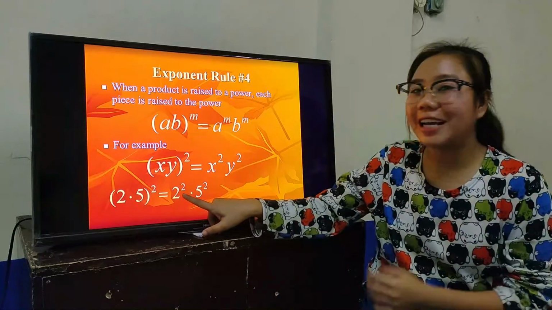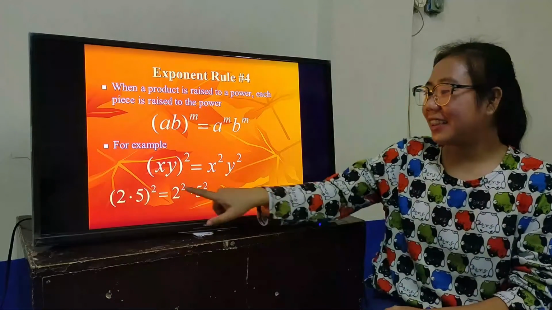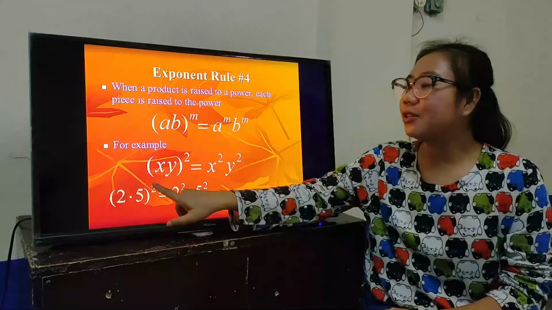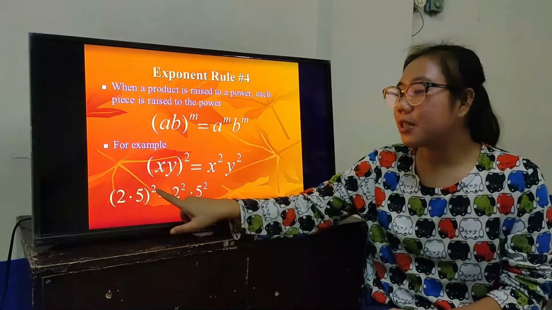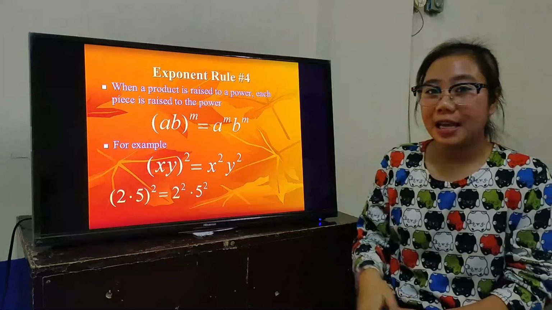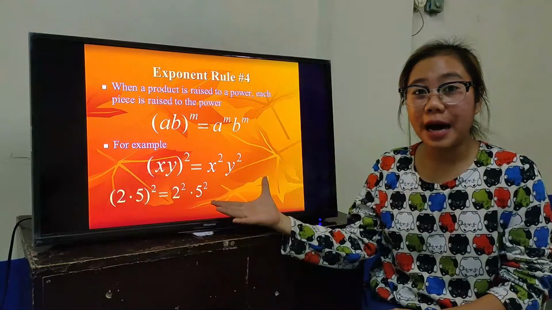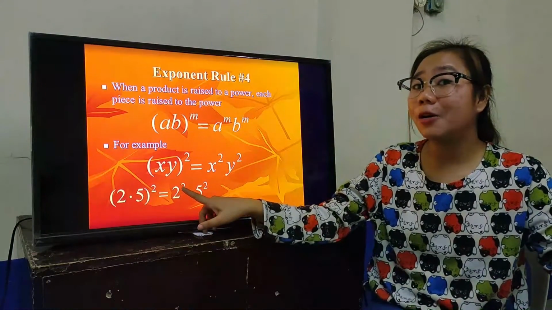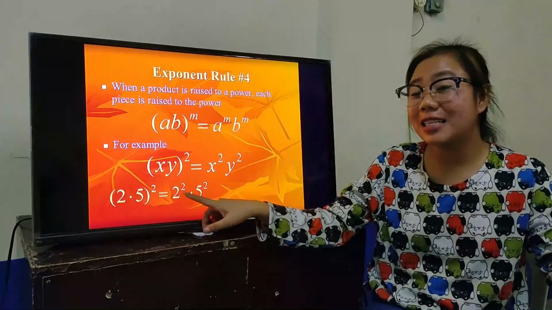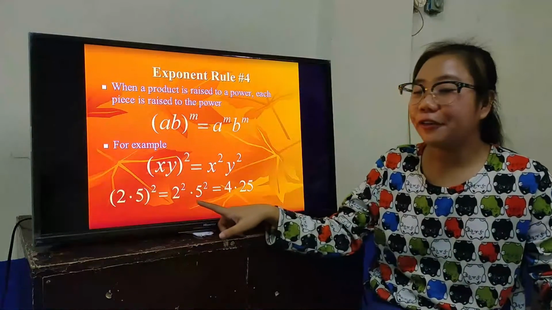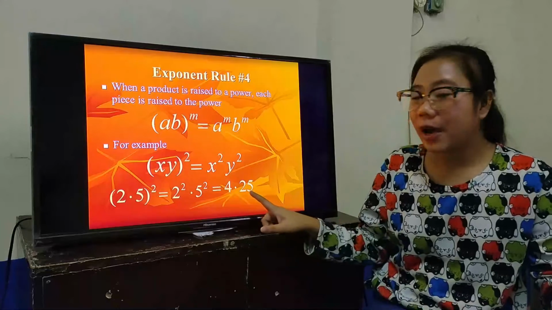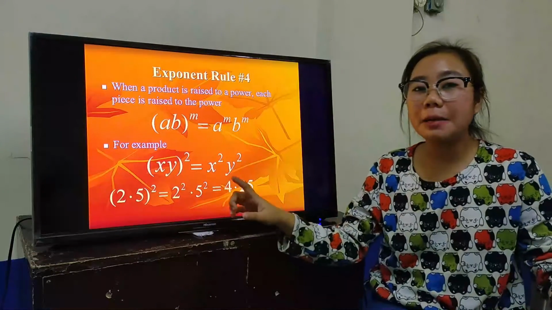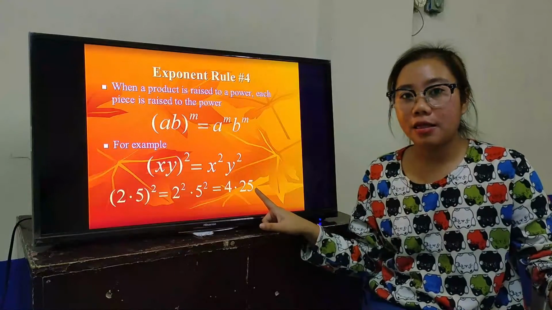So 2 raised to 2, then times 5 raised to 2. 1 times 2 we have 2, 1 times 2 we have 2. Is this the final answer? Of course not yet. So 2 raised to 2 is what? 2 raised to 2 is 4. 5 raised to 2 is 25, because 2 times 2 is 4 and 5 times 5 is 25.